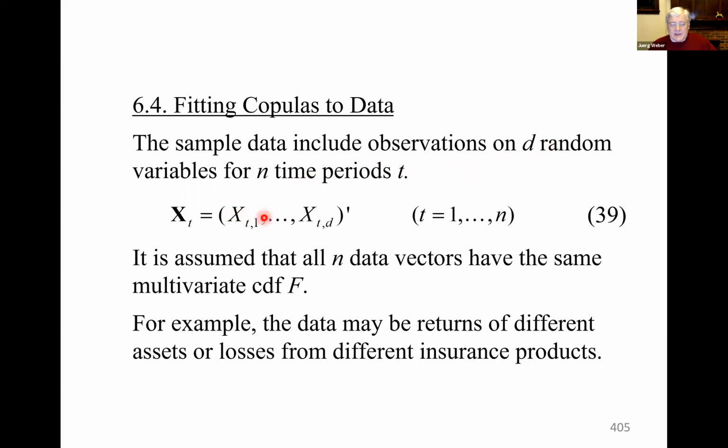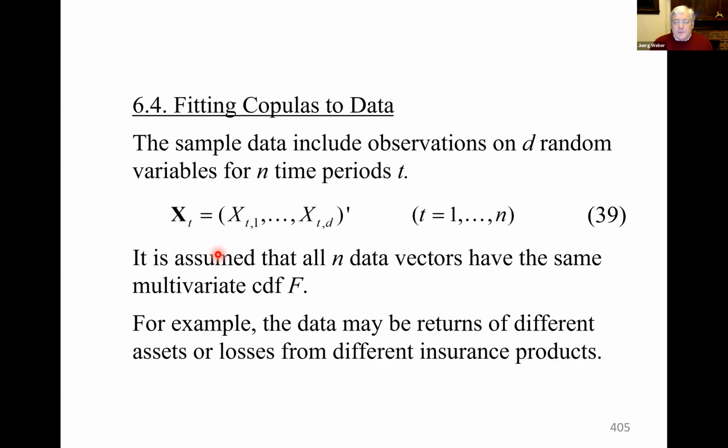So let's say d share prices, the returns to d shares, 1 up to d. And then we observe those returns over n years, maybe 20 years. So each year you have a vector with d observations. Each year you observe those returns to the shares, and then actually you have this data vector n times.